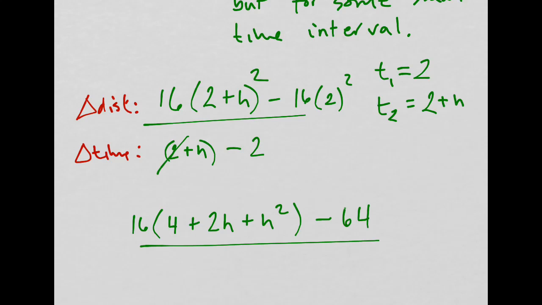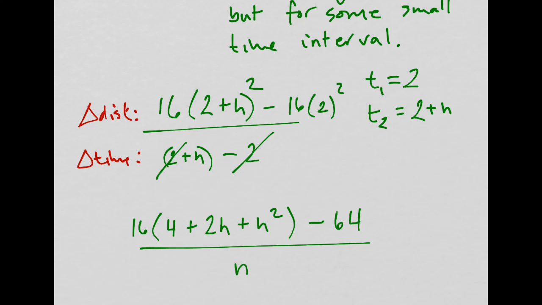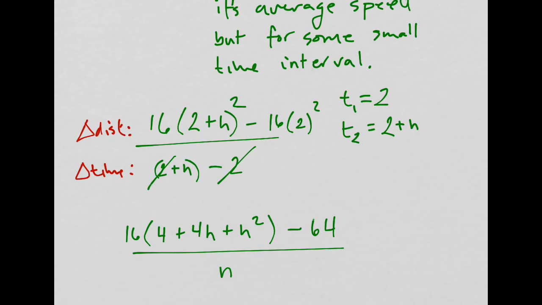Just kidding, this would be 4h, I think. 2 times 2 is 4, 2 times h is 2h, and then h times 2 is 2h. Okay, so this would be the average speed for something where h is really, really tiny.